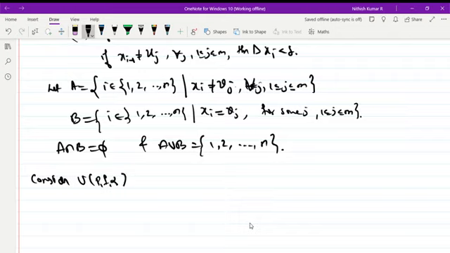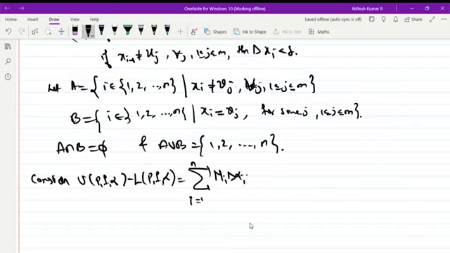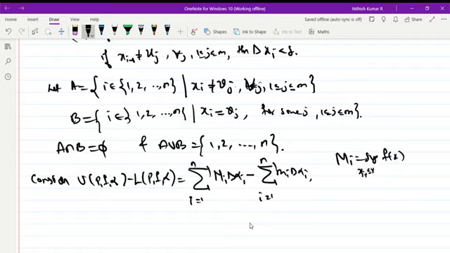Now consider UPF alpha minus LPF alpha, which is the summation i equal to 1 to n of capital Mi delta alpha i minus the summation i equal to 1 to n of small mi delta alpha i, where capital Mi is the supremum of f of x for xi minus 1 less than or equal to x less than or equal to xi, and small mi is the infimum of f of x for xi minus 1 less than or equal to x less than or equal to xi, for all i between 1 and n.